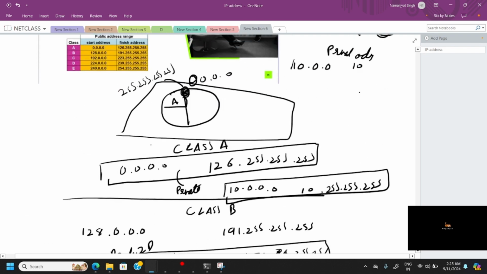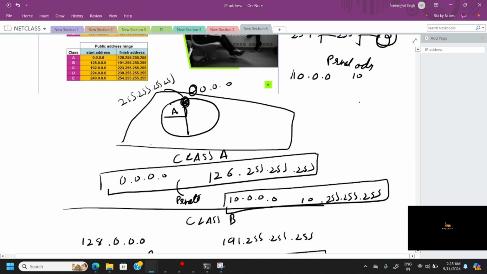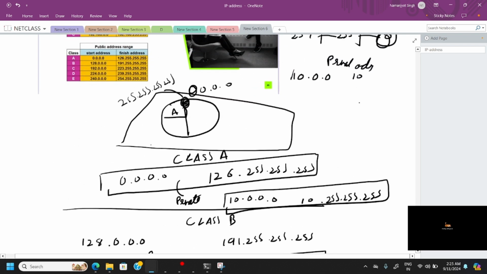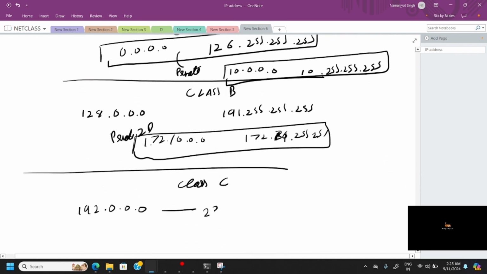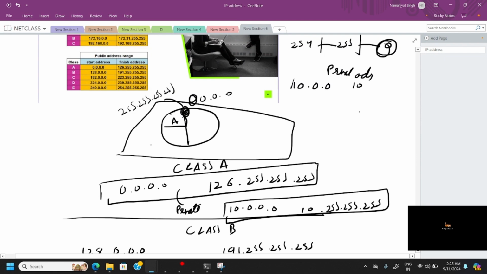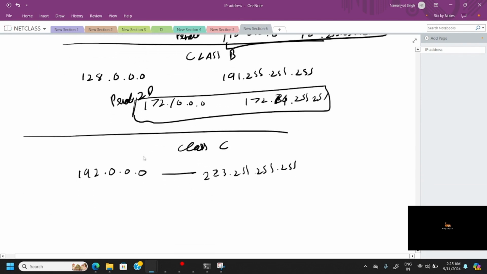So class C is 192.0.0.0 to 223.255.255.255, and the private address range is 192.168.0.0 to 192.168.255.255.